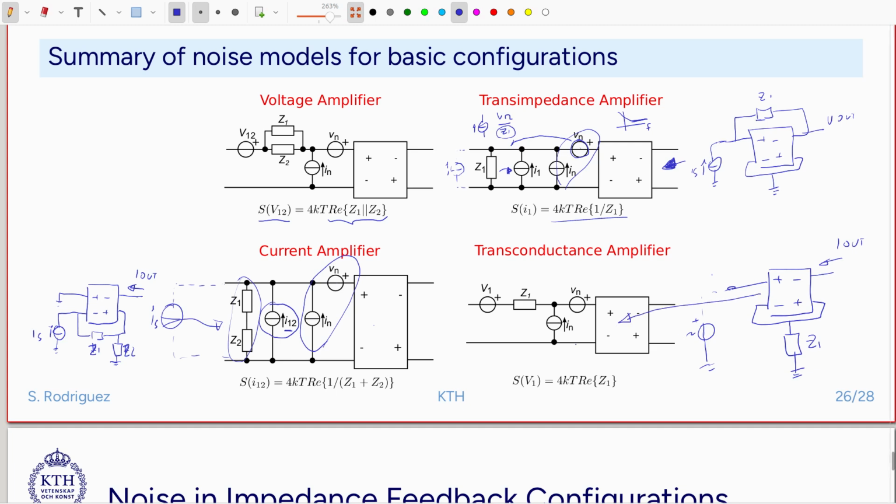We have the input referred voltage and noise current of the amplifier itself, and then this resistance here appears in series, and all the noise of this resistance also appears in series naturally. It's important to remember that every time we put a resistance here, all the noise will appear in series. So this is one of the characteristics of this stage. It's easy to calculate the noise for the transconductance amplifier.